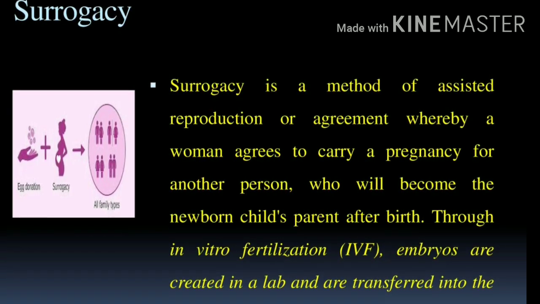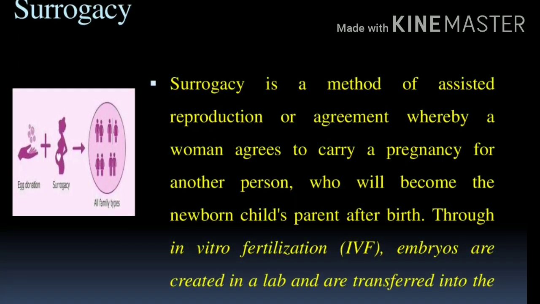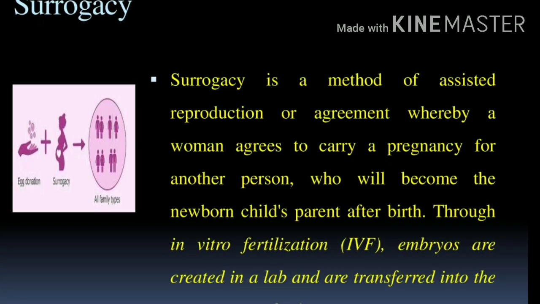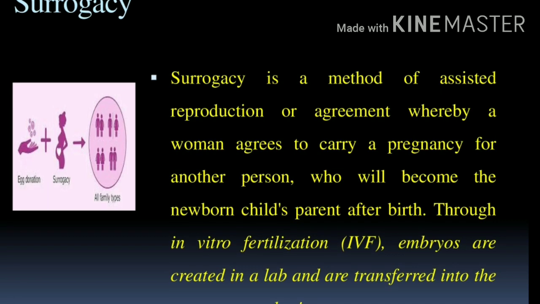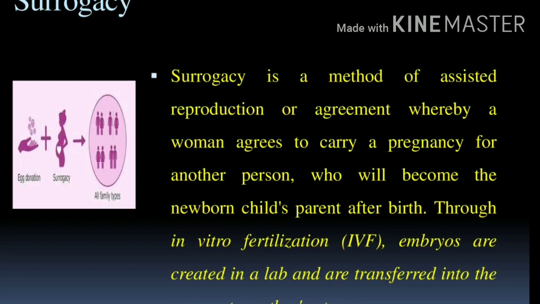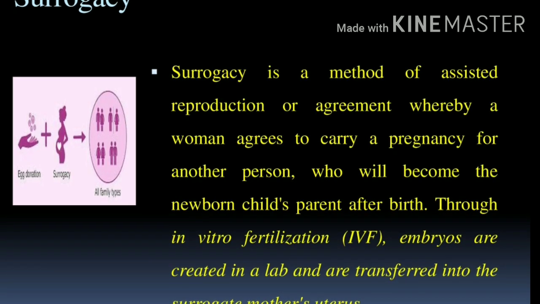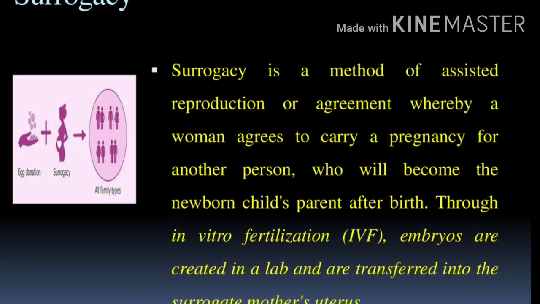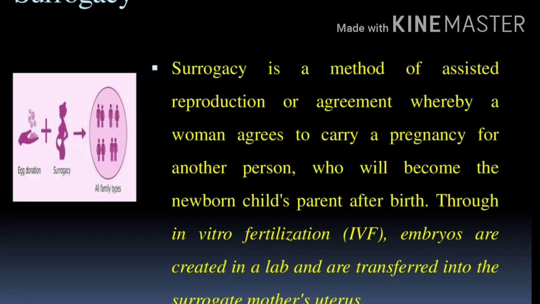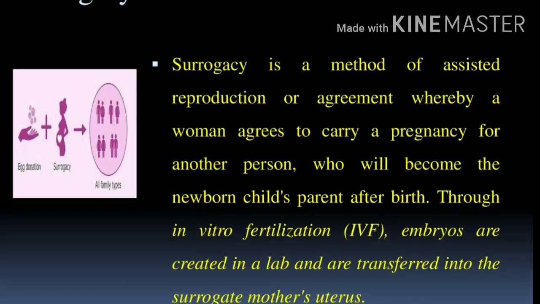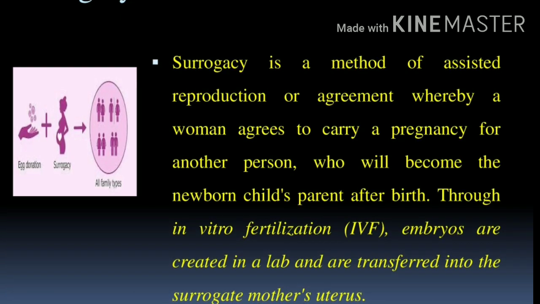One woman agrees to carry a pregnancy for another person, who will become the newborn child's parent after birth. The surrogate mother carries an embryo created by in vitro fertilization, and it is transferred into the surrogate mother's uterus. Can you understand what is surrogacy?